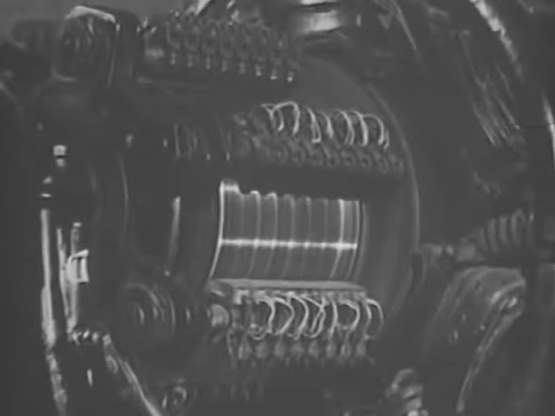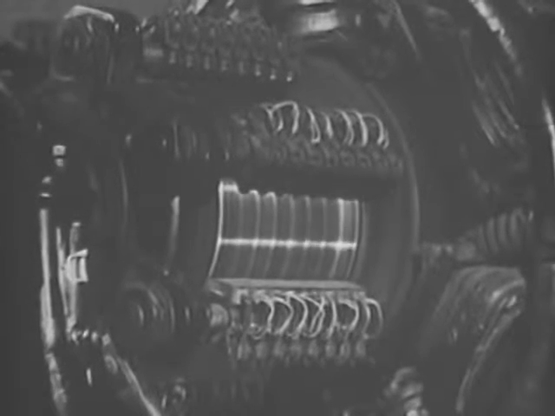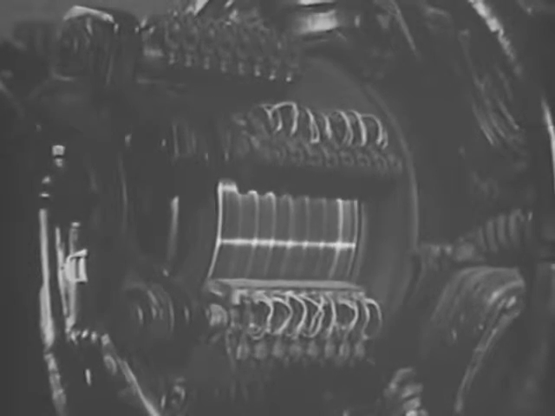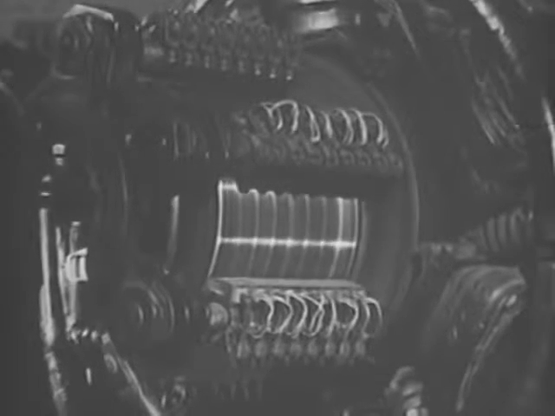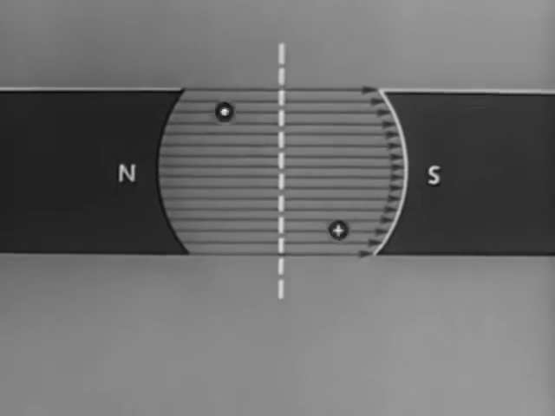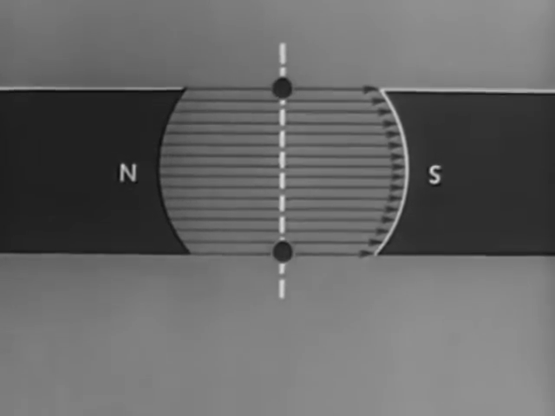An important problem in the design of generators is the prevention of sparking between the commutator and the brush assembly. The prevention of sparking depends on the position of the brushes. This line through points of 0 generated EMF is called the neutral plane.